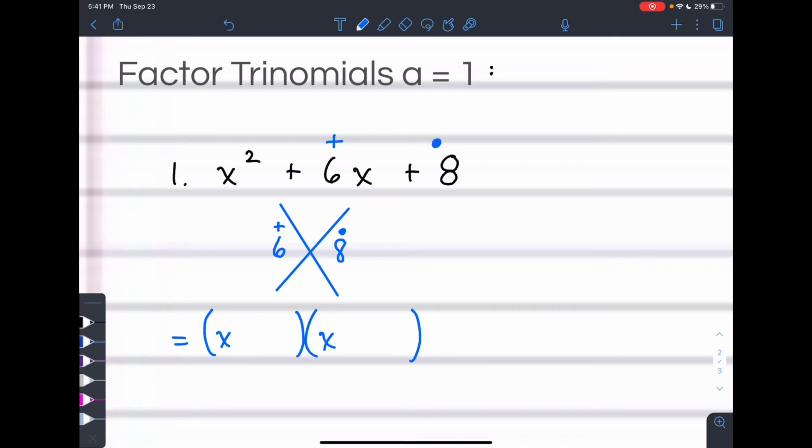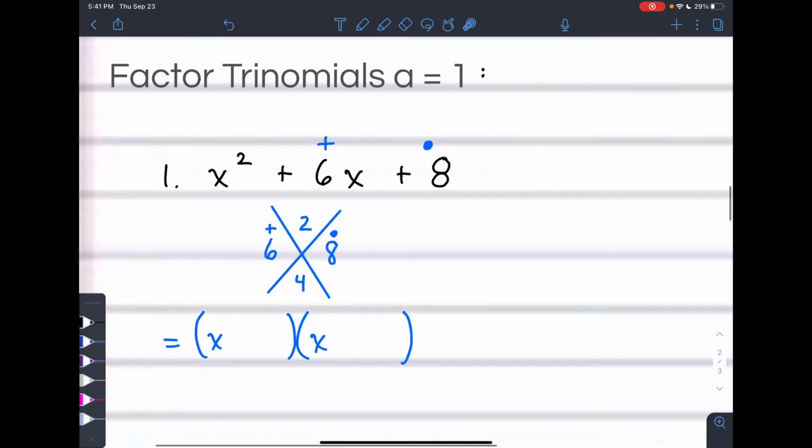Okay, so two numbers. I'm thinking of 2 and 4. Okay, why did I go with 2 and 4? You always want to start with numbers that multiply to the constant, that multiply in this case to 8. Okay, that's either 1 and 8 or 2 and 4.